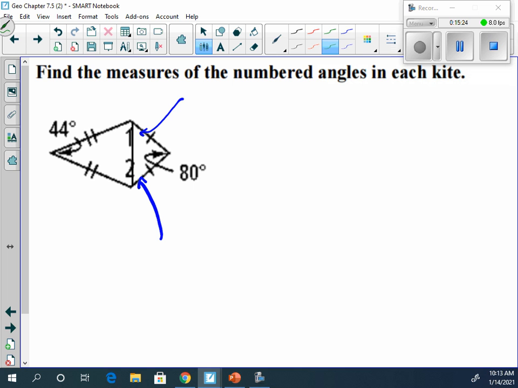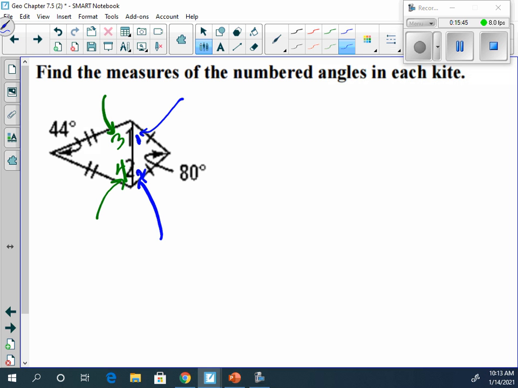Let's get a different color. And this angle over here and this angle over here would be congruent to each other. And I'll call this 1, 2, 3, and 4. Now with this here, 1 and 2 would be congruent. 3 and 4 would be congruent.